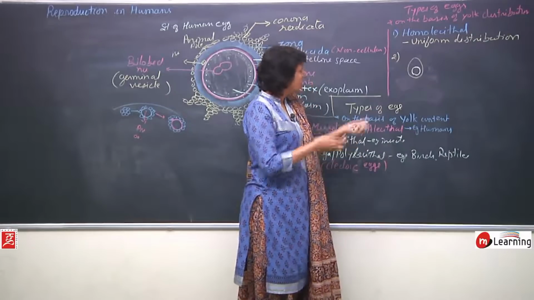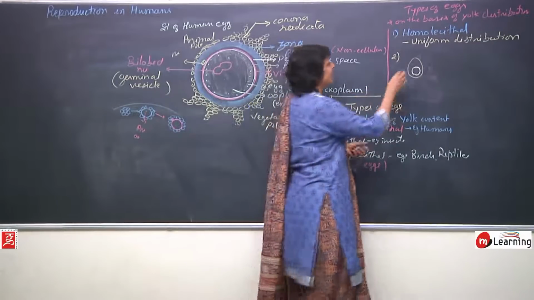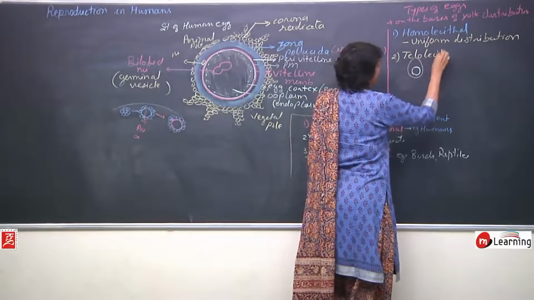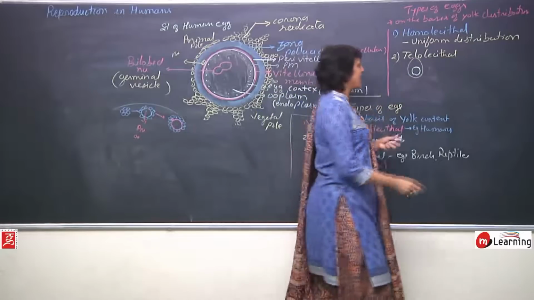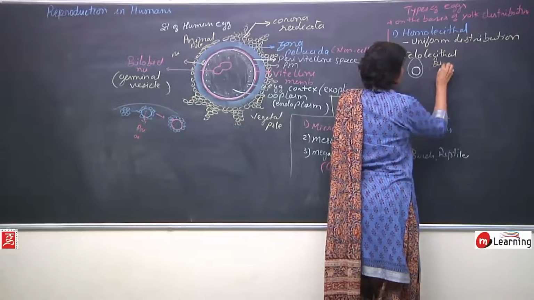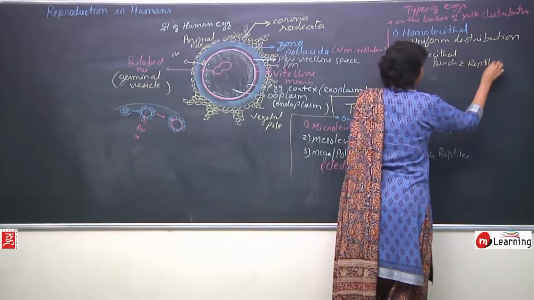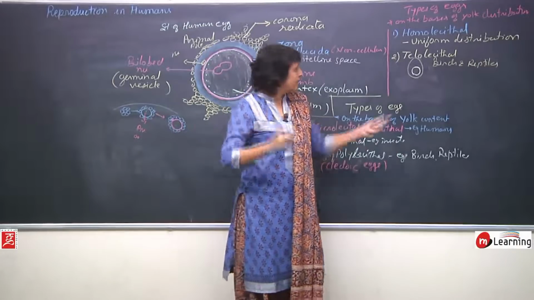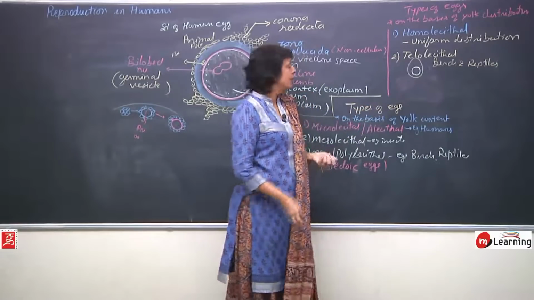Such an egg which has yolk towards one side is known as telolecithal. The eggs of birds and reptiles are like this. In some animals, it could be in the form of a disc, may not be a circular structure.